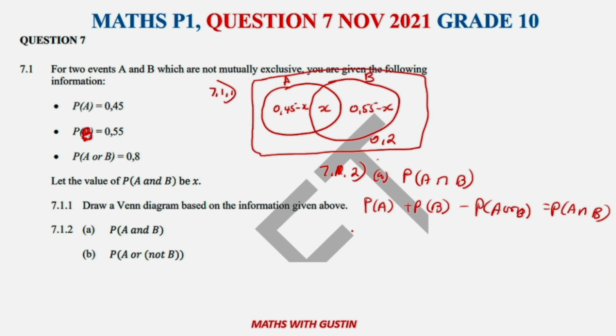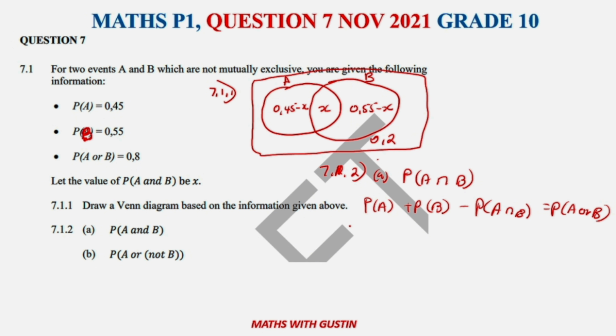What is probability of A? Rather, this one here, we can simply put it like this. This is the probability of A and B. This is the probability of A or B. Yeah, it is like that, guys. Sorry about that. I didn't look at the formula sheet, but anyway, we managed to get where we are.